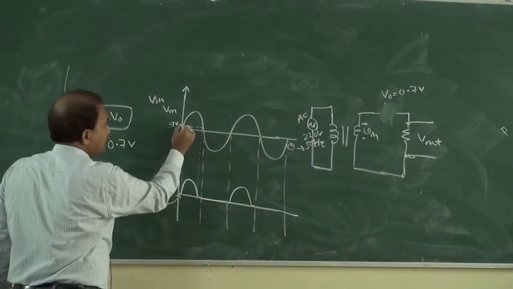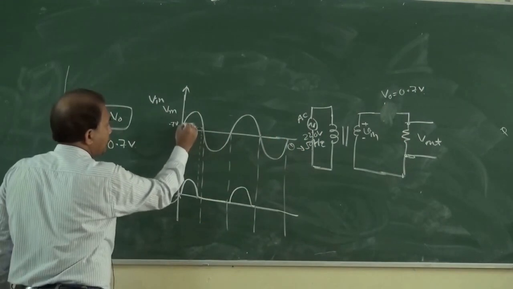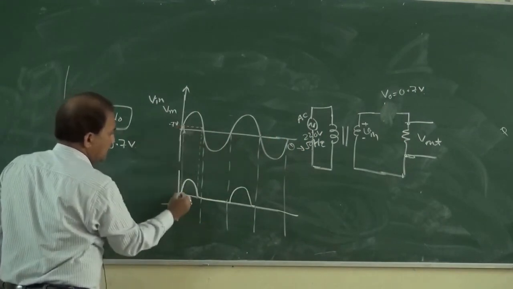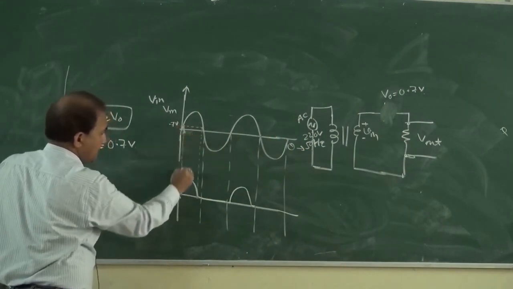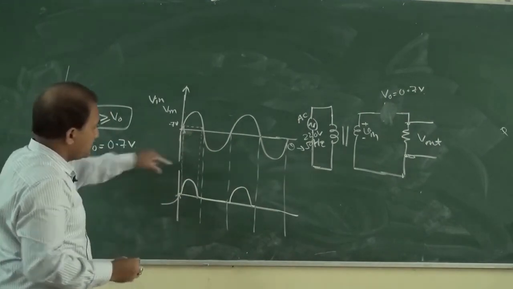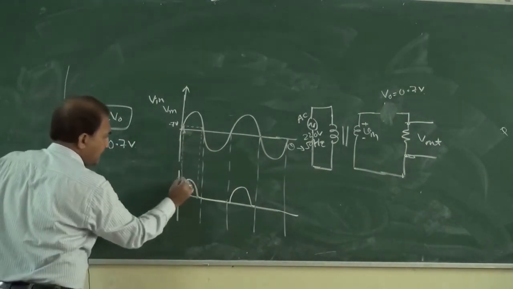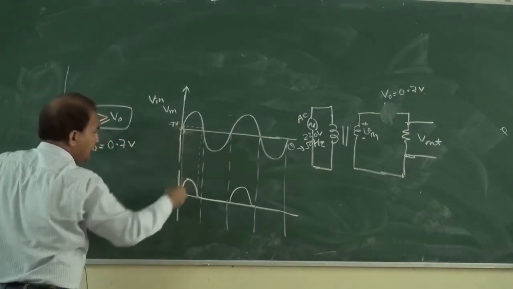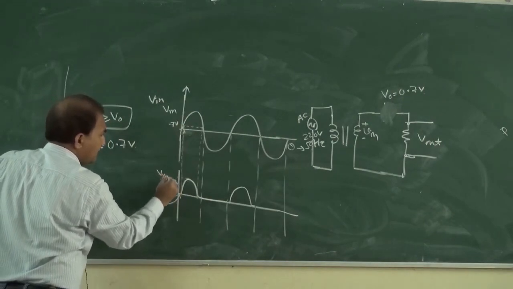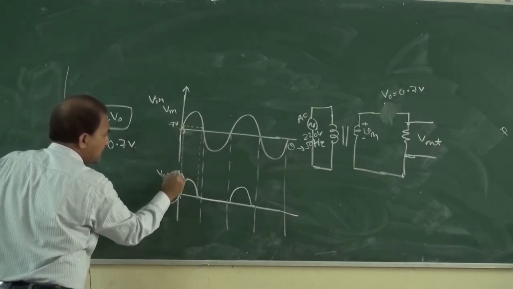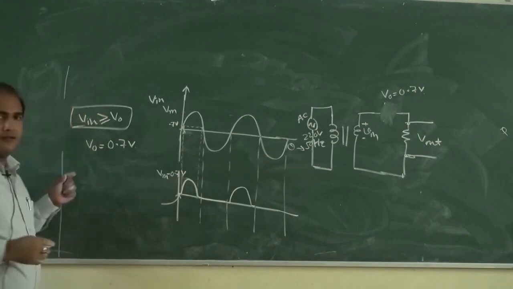Suppose this point is A. Then the peak is not Vm but is reduced to Vm minus 0.7 volt.